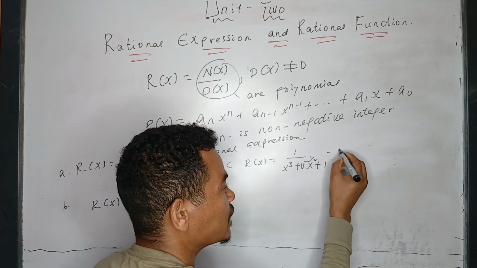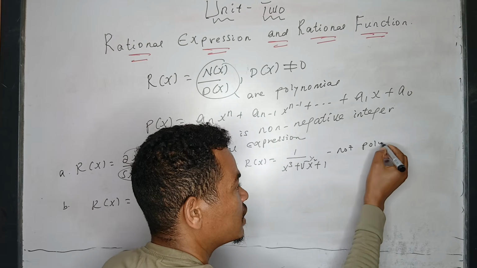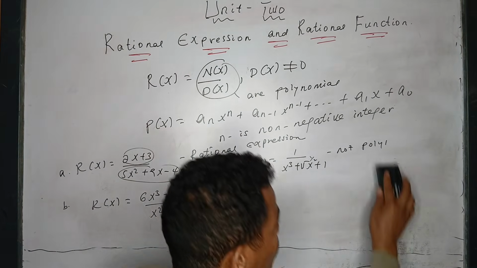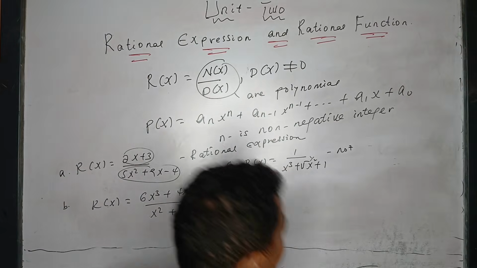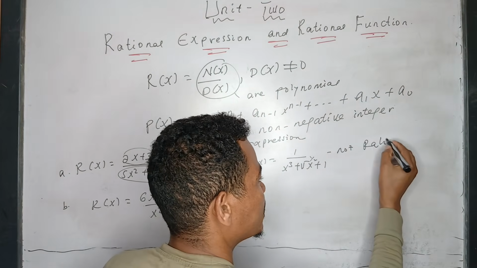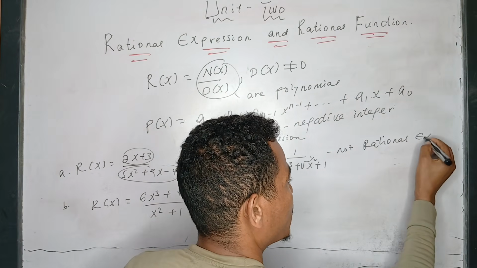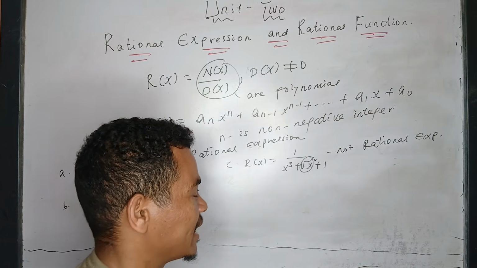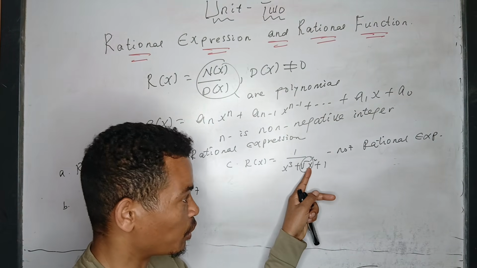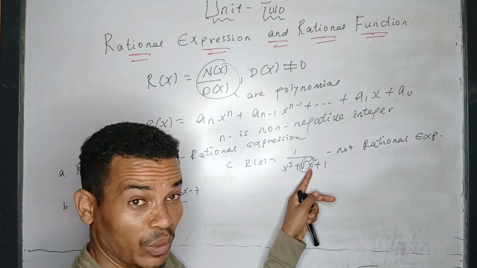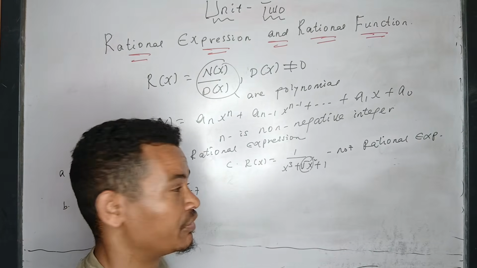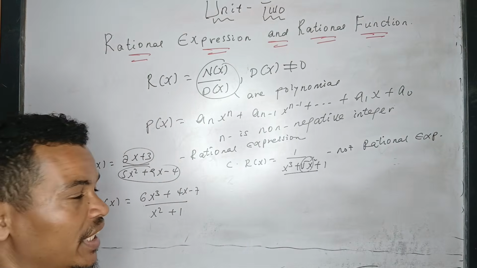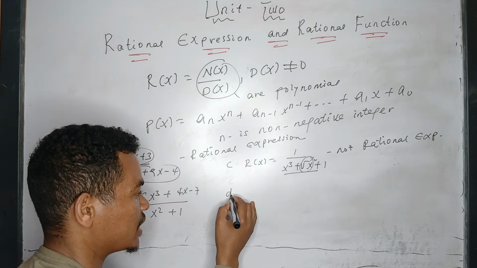So this one is not a rational expression. The reason is that the exponent of radical x is x to the power of 1 over 2, which is not a non-negative integer, so it is not a polynomial. If it is not a polynomial, it is not a rational expression.